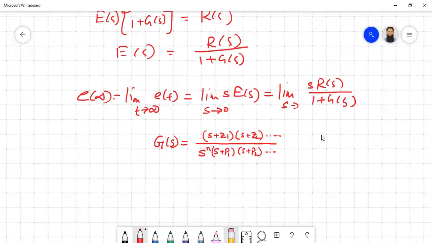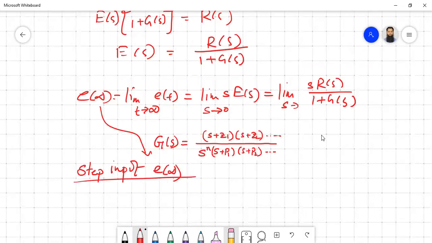Now, this is the generalized version of G(s). Let's say now we are applying a step input for this version of E(s). Okay, so see what happens. A step input is basically R(s) equal to 1 by s.